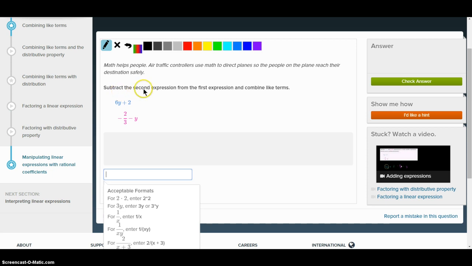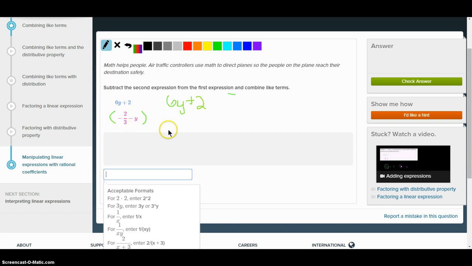Alright, subtract the second expression from the first expression and combine like terms. Okay, so we're going to subtract the second expression from the first expression. So we're going to do 6y plus 2, and we're going to subtract this whole thing.